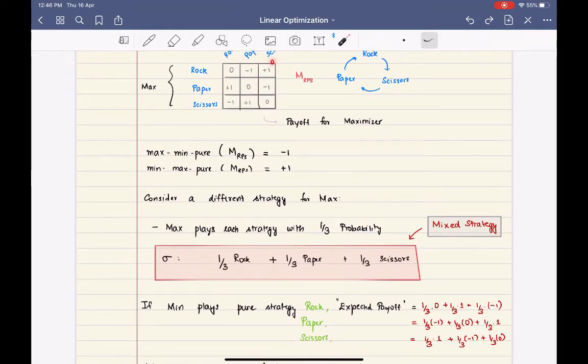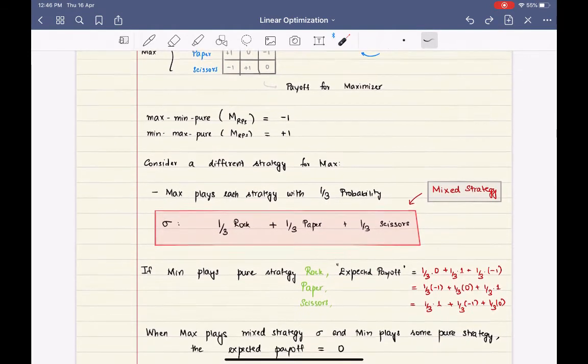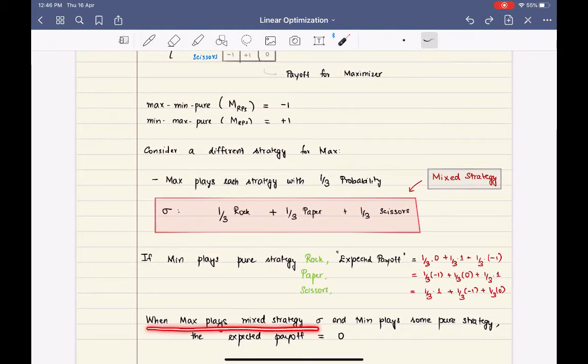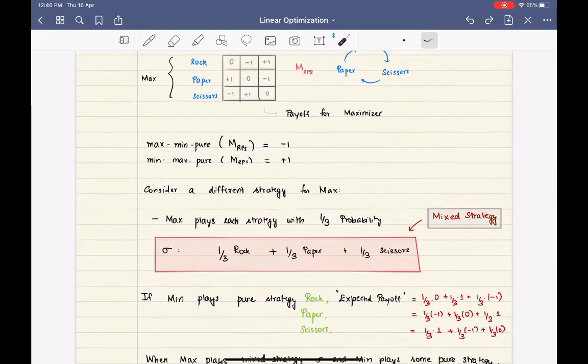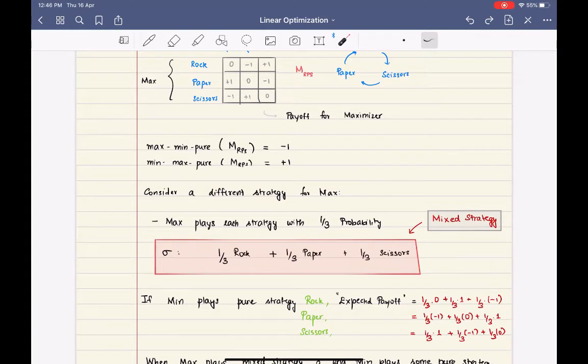And similarly, if min plays scissors, you will get 0. So when max plays this mixed strategy and min plays a pure strategy, the expected payoff is 0. So with this sigma and with pure strategies, the payoff is 0. Firstly note that this sigma is better than playing a pure strategy for max, because the max-min is -1 over pure strategies. So at least this sigma is better for max.